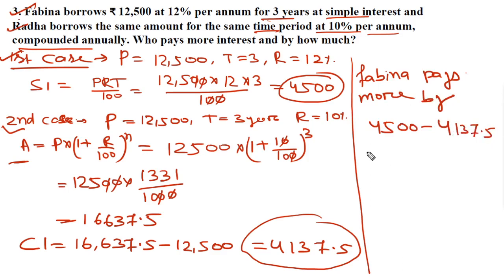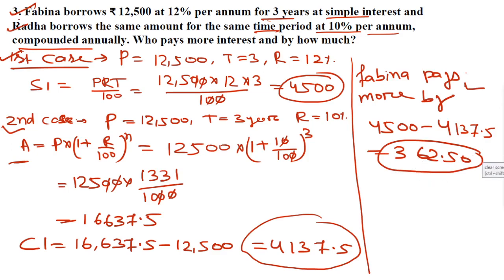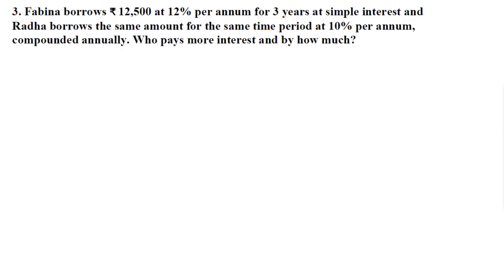So it will be equal to 362 rupees 50 paisa. So Febina is paying more by 362 rupees 50 paisa. So now we'll move to the next question. Question number 4.